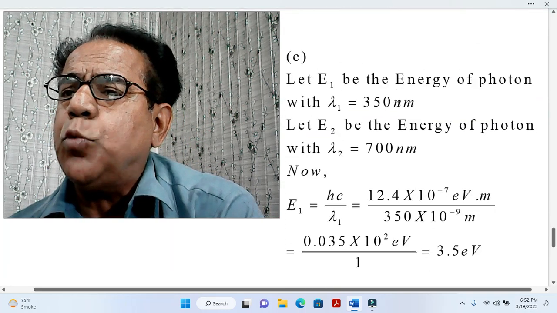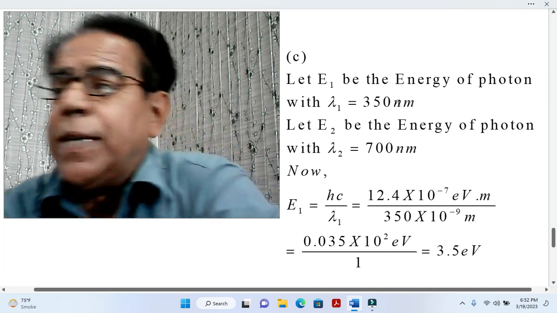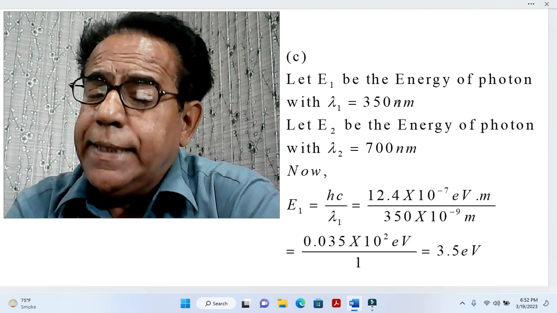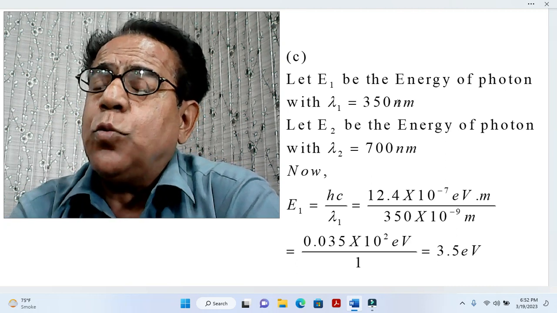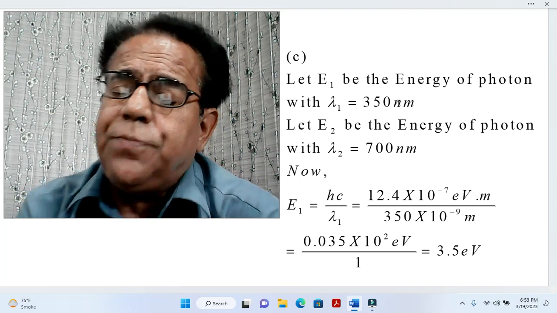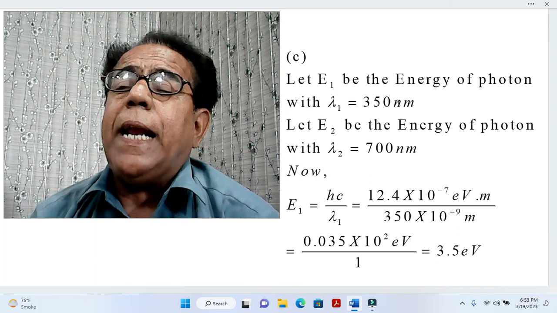Now we come towards part C. Here the situation is different. Here we have to find energies while wavelengths are given. Two wavelengths are given, and we have named them lambda 1 and lambda 2.